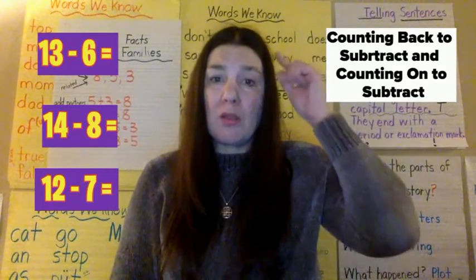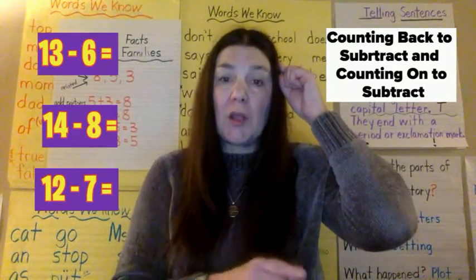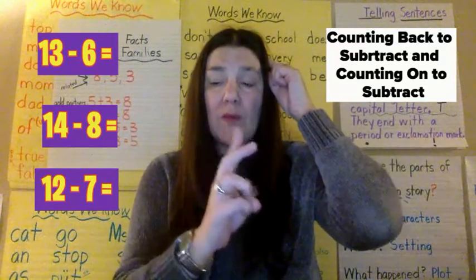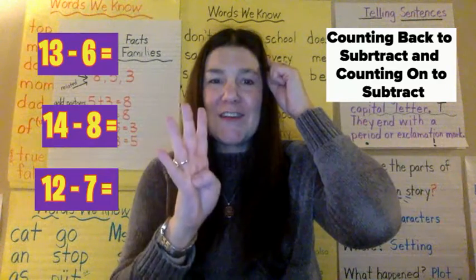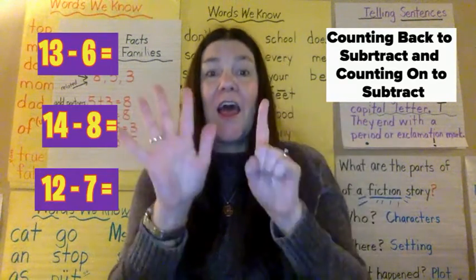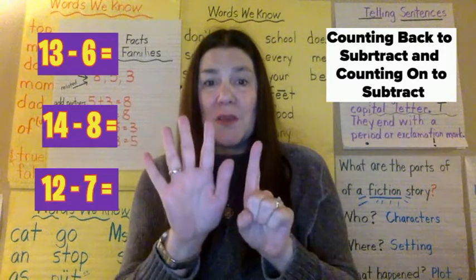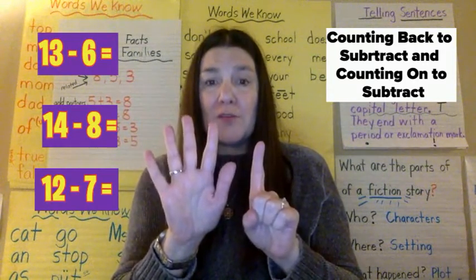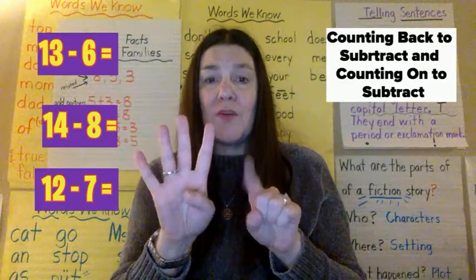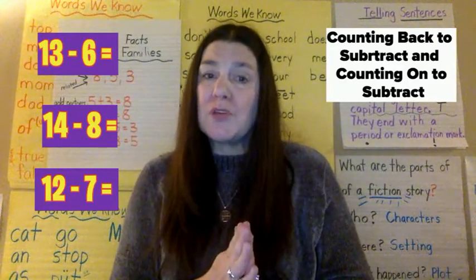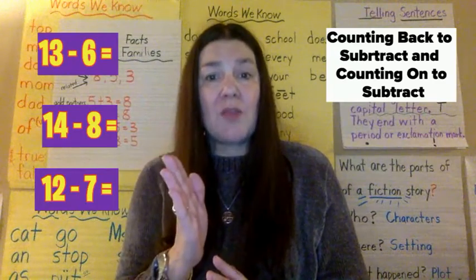Here we go. I'm going to think 14, and I'm going to go backwards. So I'm going to go 13, 12, 11, 10, 9, 8. And I have 6 spaces on my fingers. 1, 2, 3, 4, 5, 6. 6 spaces. So I started at 14 and I stopped at the 8.